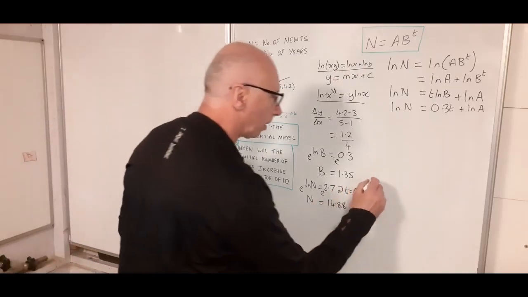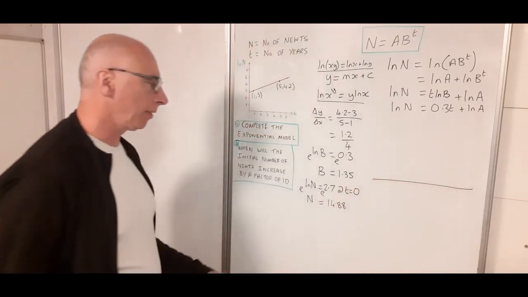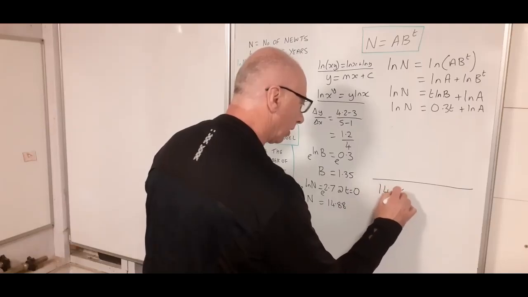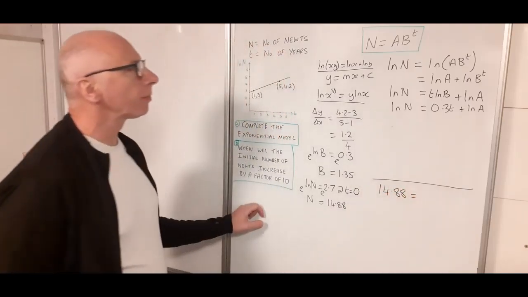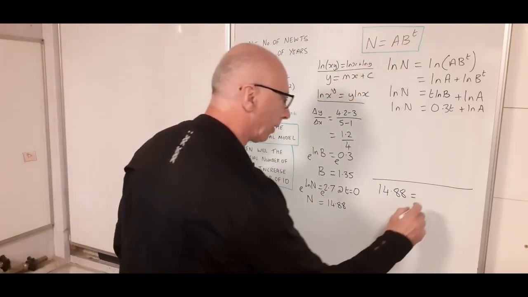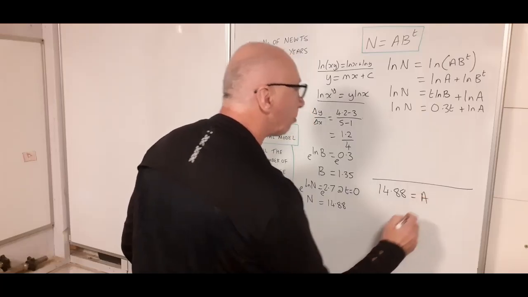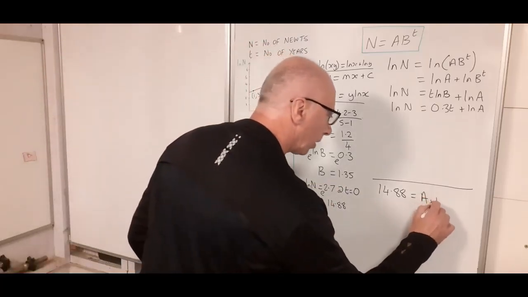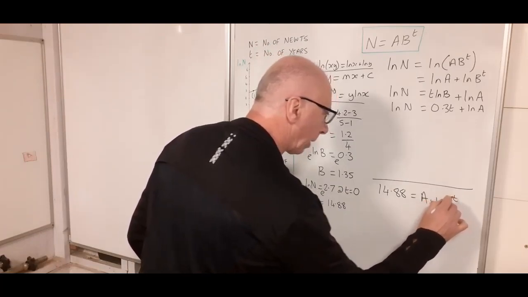So let's just draw a little line here. 14.88 equals a times b to the power of t. Now a we don't know yet. B, do we know what b is? That's 1.35. And then to the power of t.